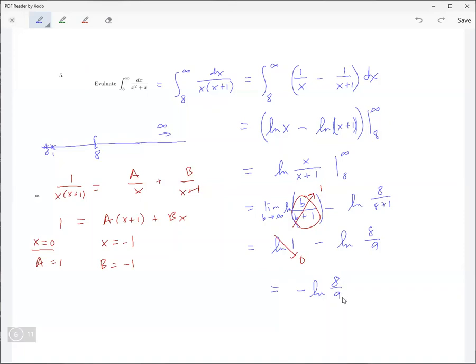So the log of 8 over 9 is negative, and then multiplying by negative makes it positive. You could also write it as log 9 minus log 8. That also works. Either of those forms should be accepted. I'll just circle that one.